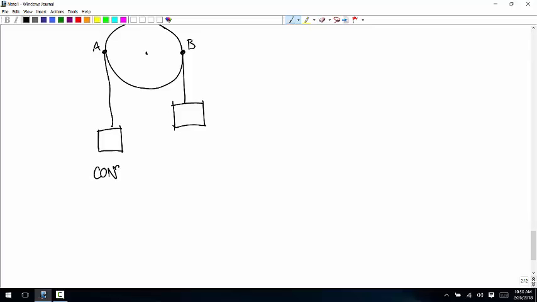So our new constraint, our last constraint equation, says the acceleration of the point A, y component only, is equal to alpha cross r.